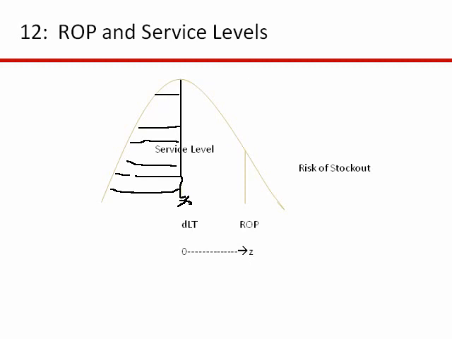Now, usually that's unsatisfactory to many companies. They want to offer, for instance, a 95% service level, which means 95% of the time they're going to be able to serve an unexpected order. So what they'll do is have a reorder point that is higher than the expected level.